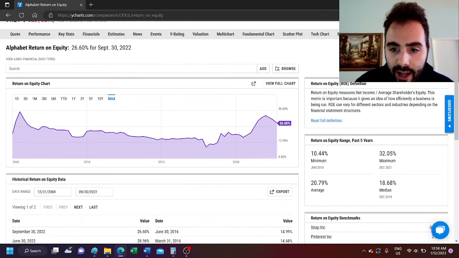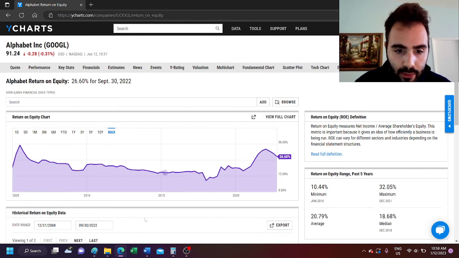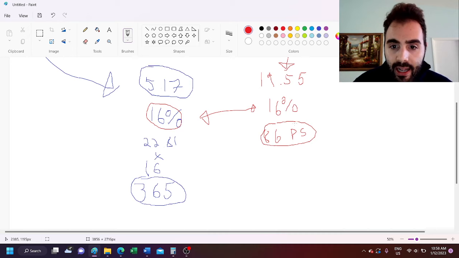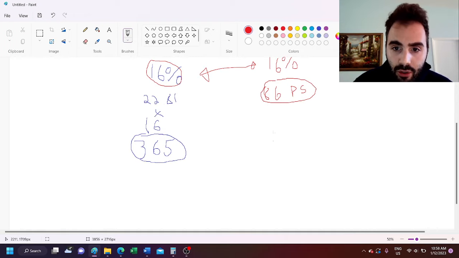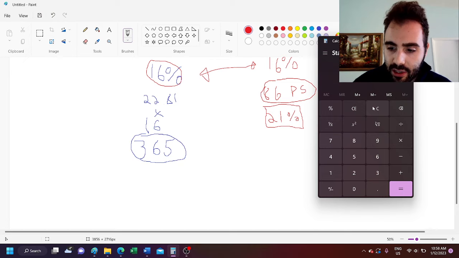Over the last 5 years, Google has returned 21% on its equity, meaning that if Google's future book value is $86 per share, and Google manages to earn 21% on its book value in the form of earnings, then we take this $86 per share in terms of book value, and Google's able to earn 21% on it.